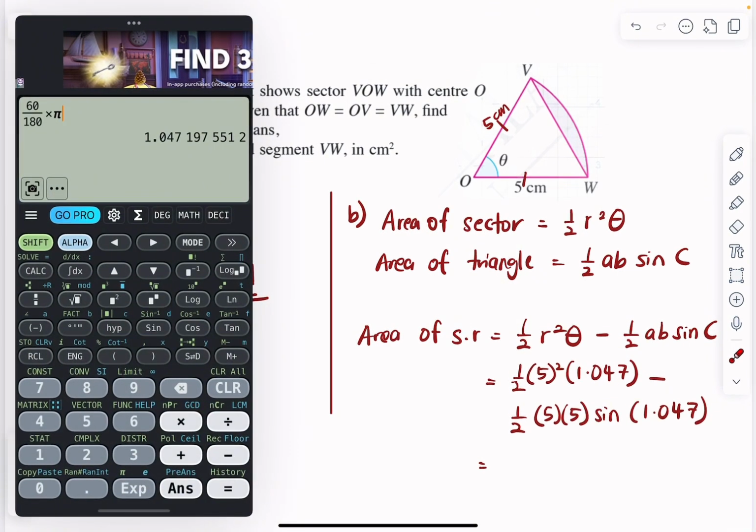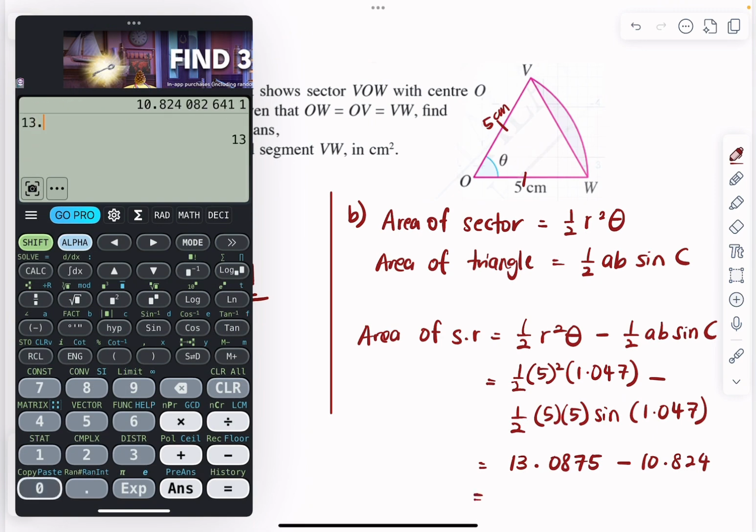So first we set our calculator to radians. If your calculator shows R, it means it's set in radians. So 1 over 2 times 5 square times 1.047 is 13.0875, minus 1 over 2 times 5 times 5 times sine 1.047, which is 10.824.